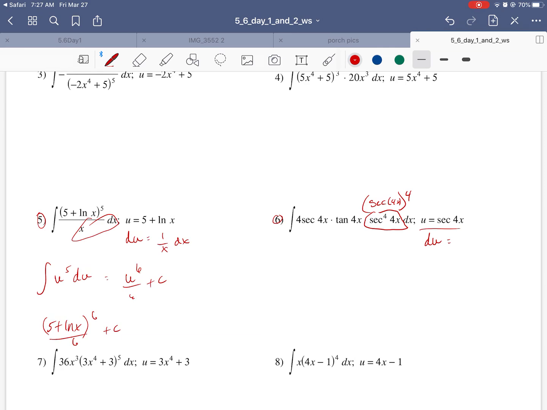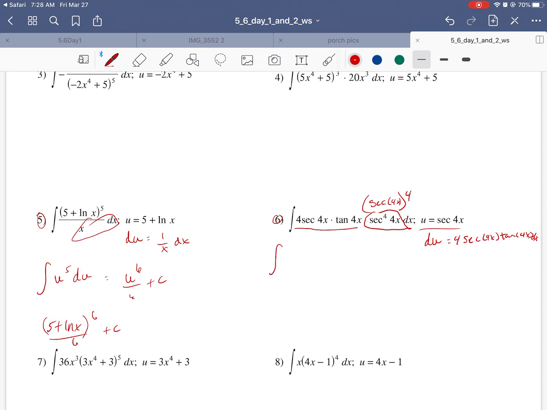So if I continue now, du, secant derives to secant tan, and it's secant tan of whatever is in there. Secant 4x, tangent 4x, and we have an inner prime. We also have to multiply by 4. I'm just going to put that in the front. And we have a dx, I'm sorry.